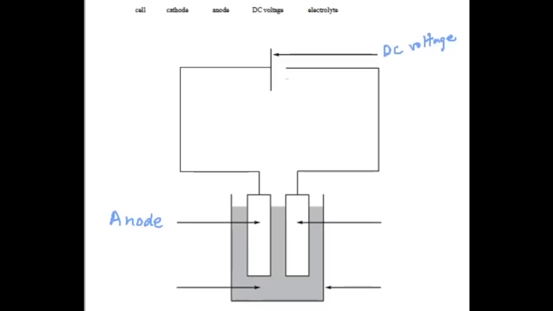And we could also have a light bulb. When electricity passes through, the bulb will glow. So if that's our anode, over this side is our cathode. In the container itself, in the cell, we would have our electrolyte.